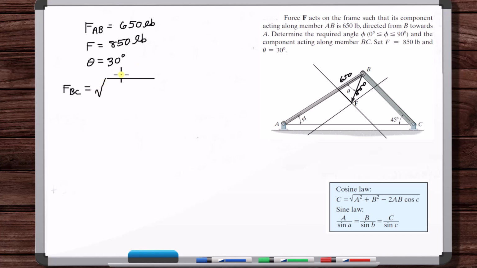A squared, so 650 squared, plus B squared, minus 2AB cosine of 30.